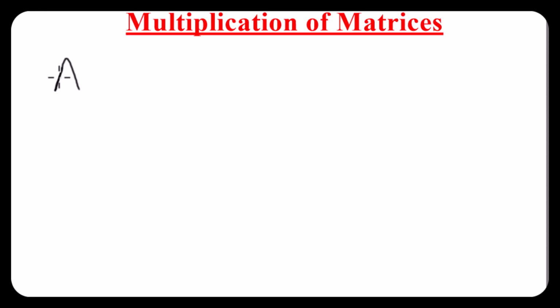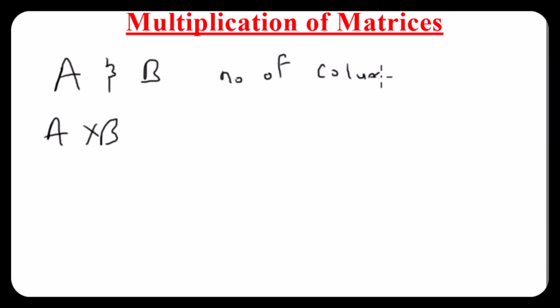So let's say we have two matrices, A and B. Before we can multiply A and B together, we must make sure that the number of columns in matrix A equals the number of rows in matrix B. Now remember, if the number of columns in A is not equal to the number of rows in B, then matrices A and B can't be multiplied together.